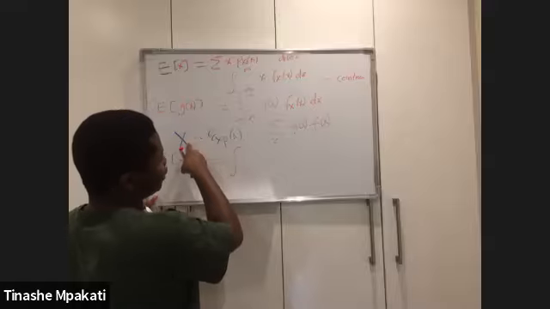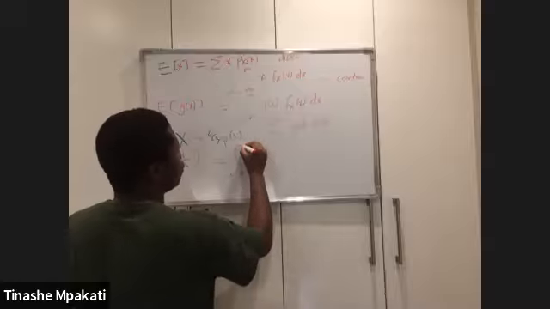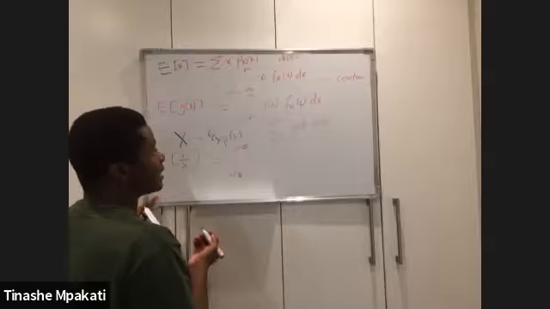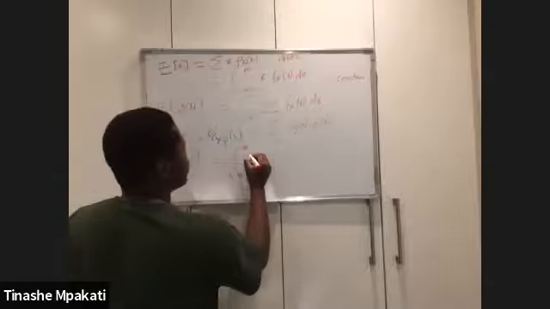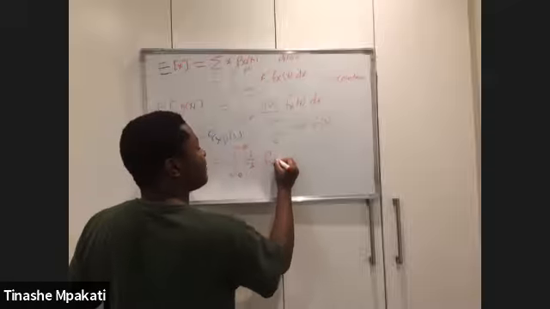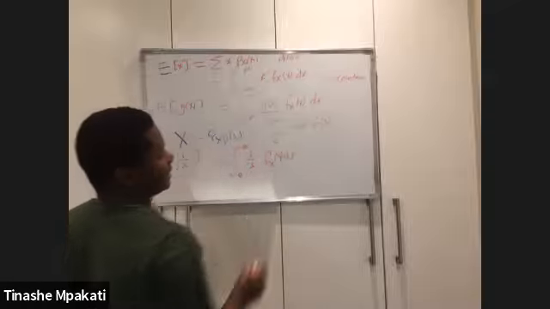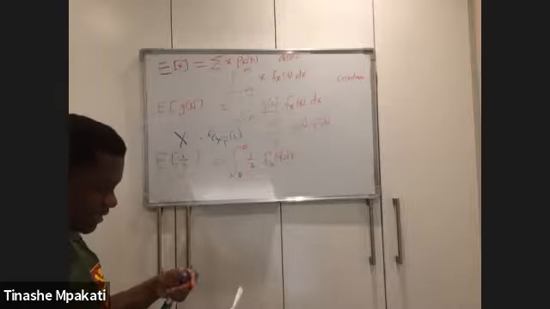Because X is exponentially distributed here, you would integrate from 0 to infinity. What are you integrating? Your g of x. This 1 over x is in this case our g of x. So what you're integrating will be 1 over x multiplied by the PDF of X, dx. Like this. This is something that I think is quite simple, but I just thought we should definitely look at it.